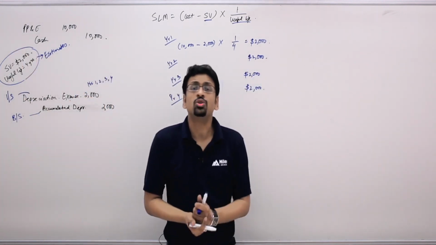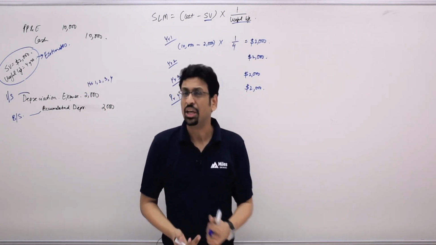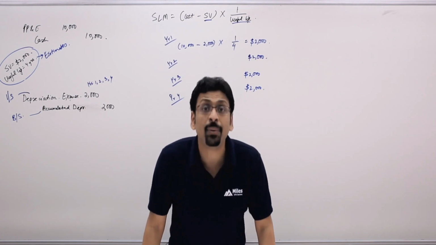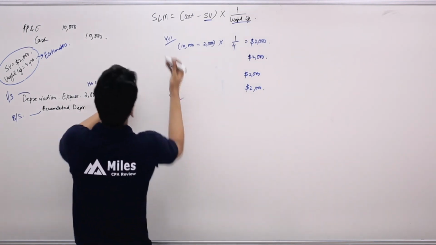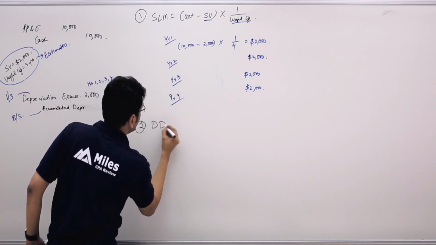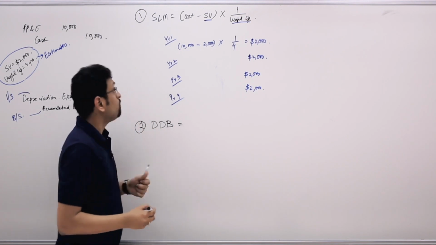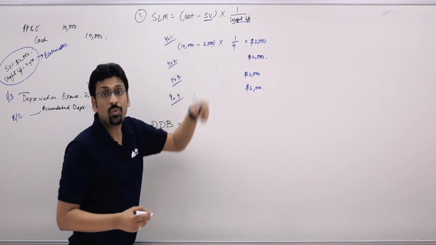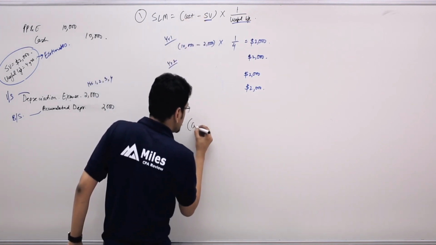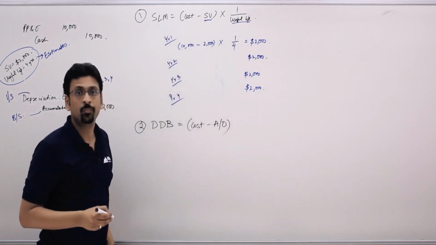Now, you could also go ahead and do accelerated depreciation. Let's say you decide to use the double declining balance method. So this is the first method we're doing, and then let's talk about the double declining balance. Now, in this case, instead of taking cost minus salvage value, you take cost minus accumulated depreciation.